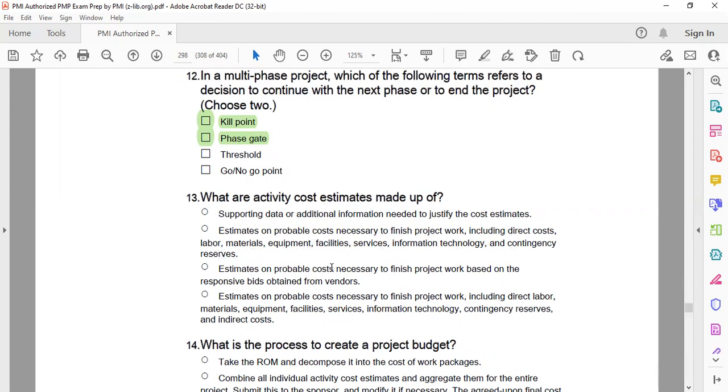Estimates on probable cost necessary to finish project work based on the responsive bids obtained from vendors. Estimates on probable cost necessary to finish project work, including direct cost, contingency reserves, and indirect cost. Wow, very nice. One answer is quite complete.